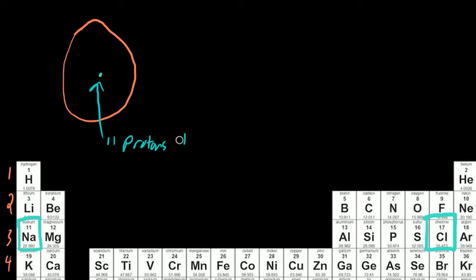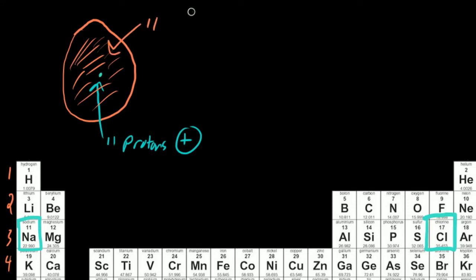And we know that a proton has a positive charge. We're also not going to worry about the shape of the orbitals, but somewhere around that nucleus there are also 11 electrons, and they have a negative charge.